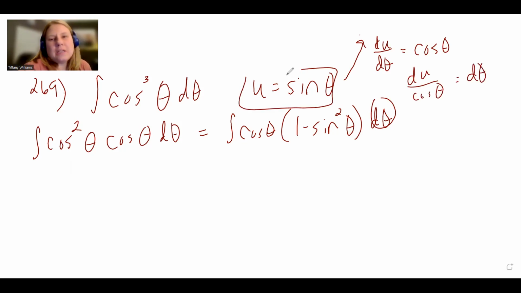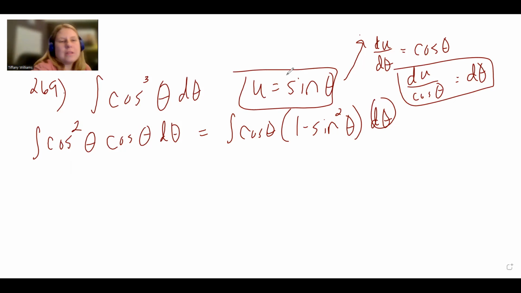So I need this piece and this piece to be able to do this. Now I'm going to rewrite my integral as the integral of cosine theta times 1 minus sine squared.